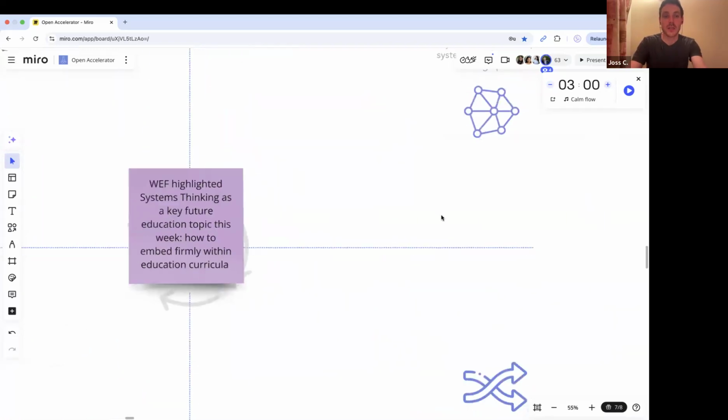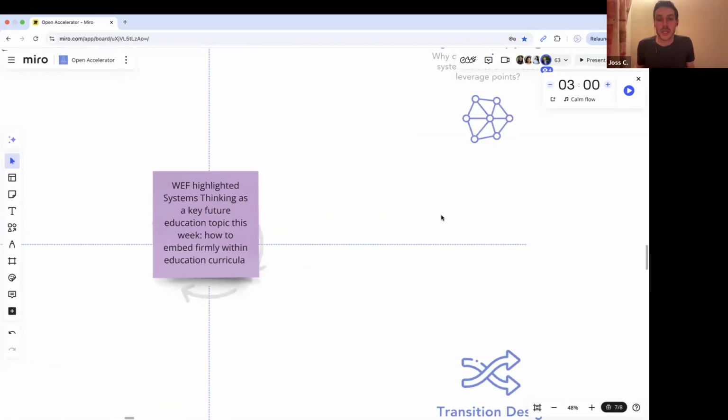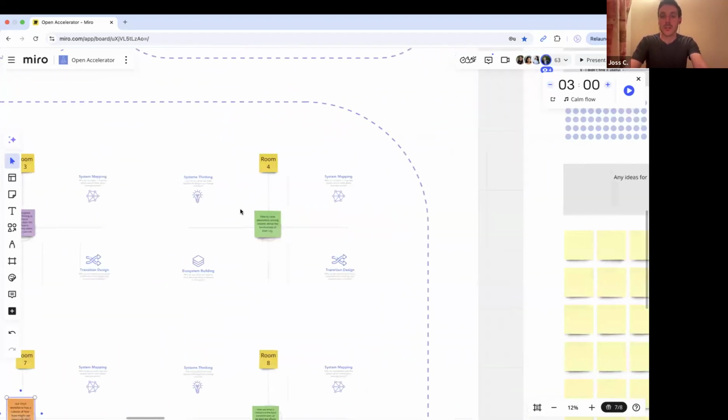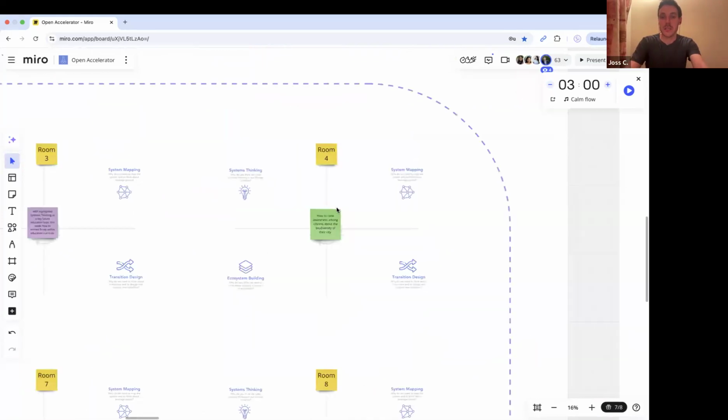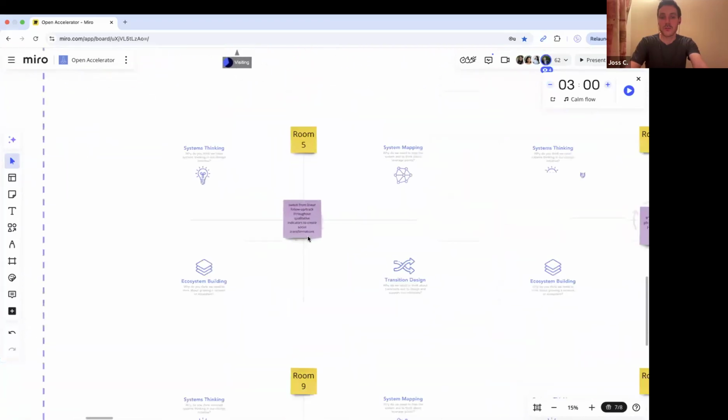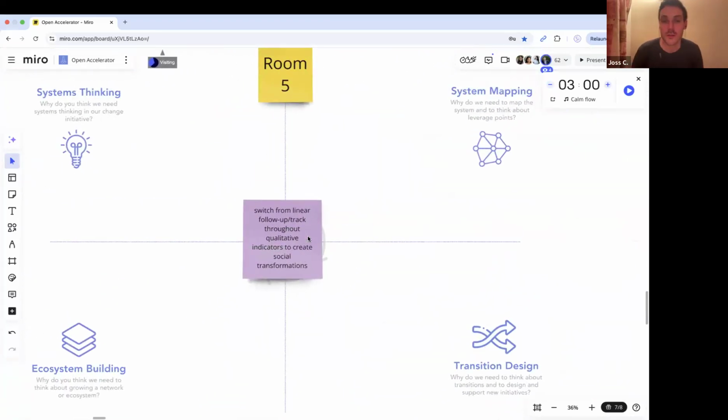Room three, World Economic Forum highlights systems thinking as a key future education topic this week: how to embed it firmly within education curricula. So that's the education topic. We have an environment one, how to raise awareness among citizens about the biodiversity of their city. And feel free to choose your room if these are resonating with you. Switch from linear flow, up, track, throughout qualitative indicators to create social transformations.